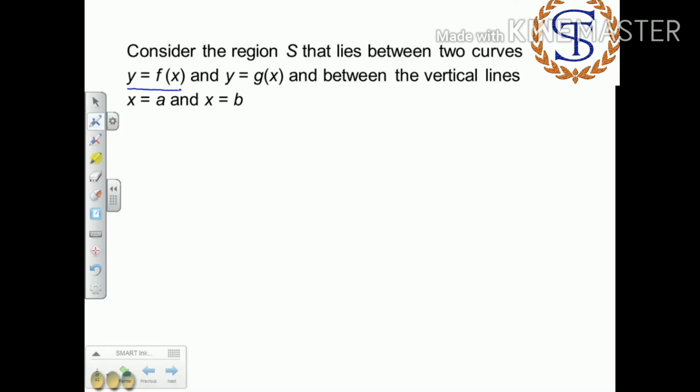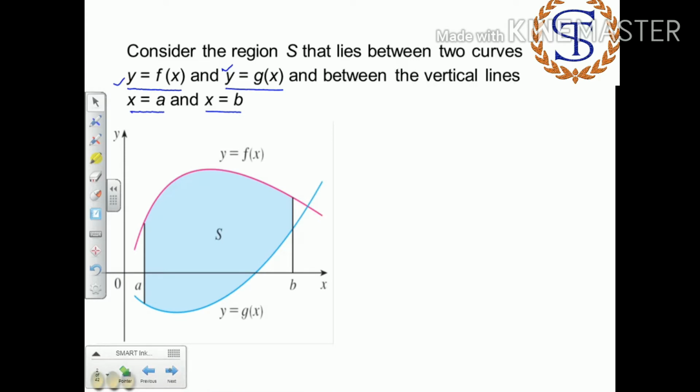Here the two curves are given to us, y equals f(x) and y equals g(x), and also the two vertical lines, x equals a and x equals b. If we plot these two curves on graph paper, what type of curve do we have here?